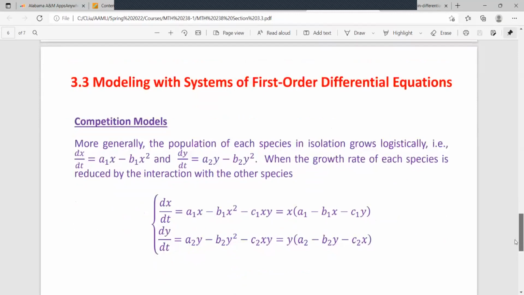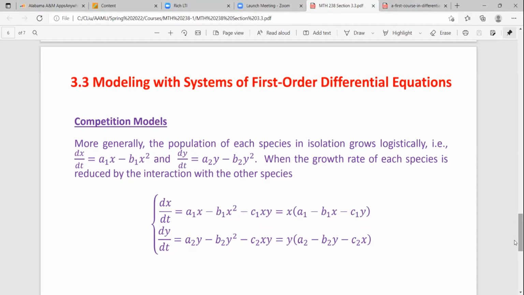Okay, so let's generalize these competition models a little bit. More generally, the population of each species in isolation grows logistically. That's a more realistic model for the population growth we talked about before. So dx/dt = a1x - b1x². That's just for one species.